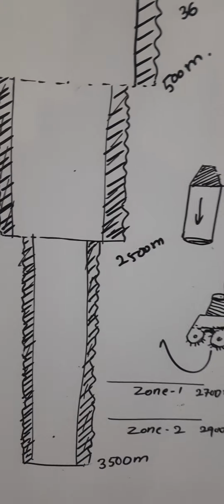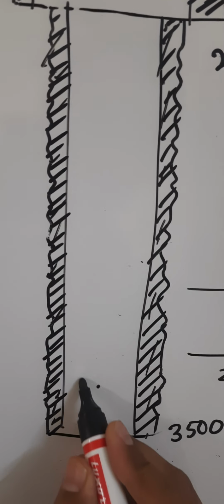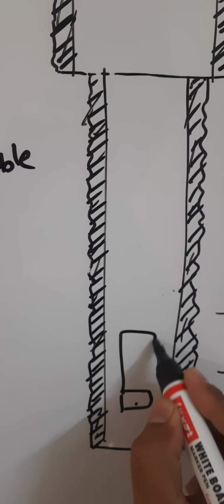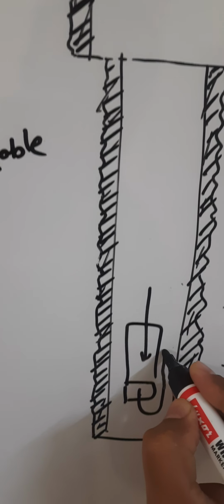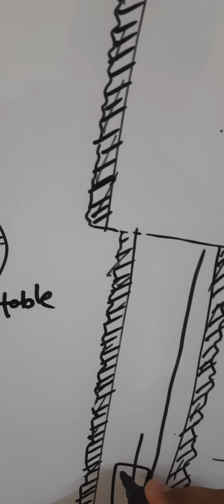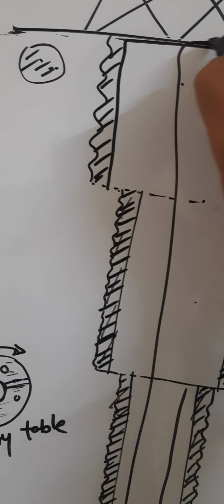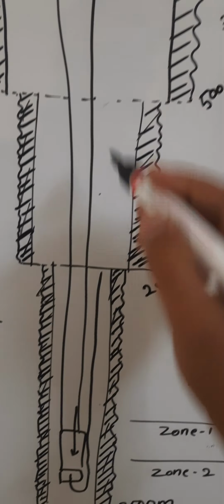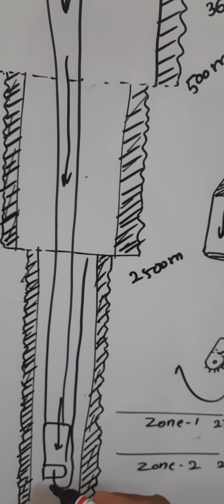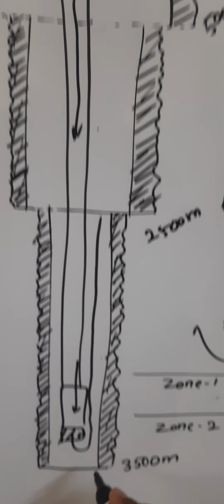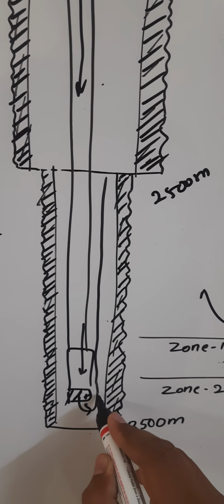Suppose here is a bit. It comes through the pipes, all the way comes out, and suppose this is the pipe up to the surface, this mud comes first inside the pipe up to the bottom, then comes out from the bit and goes up.